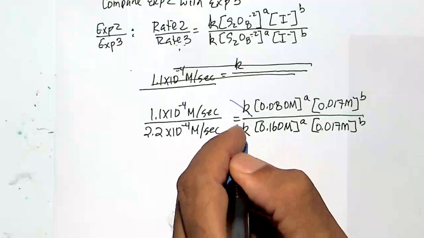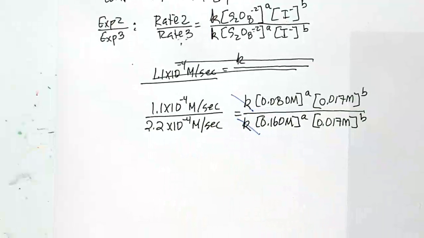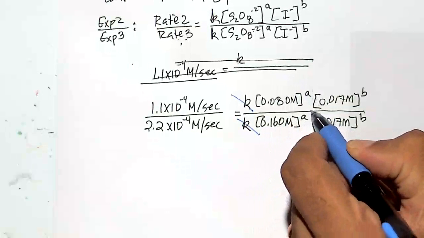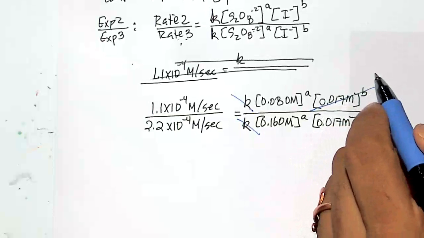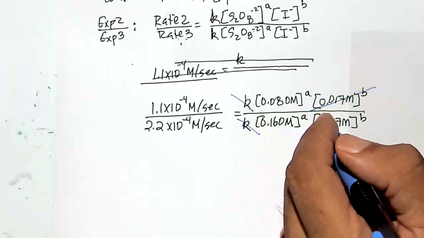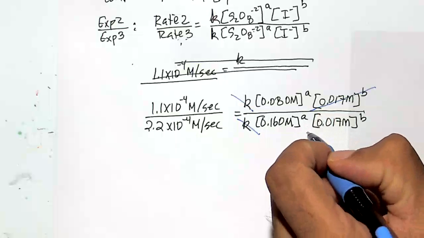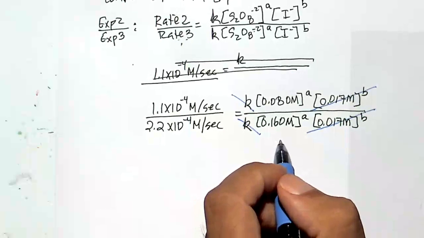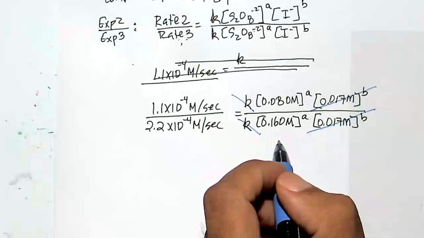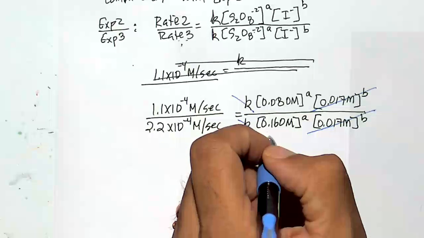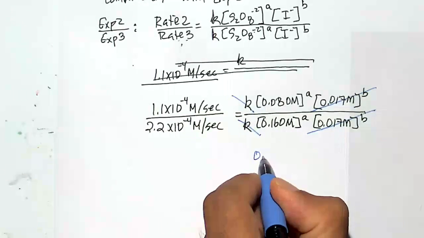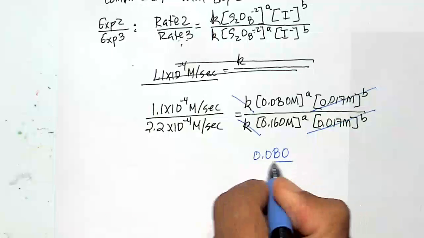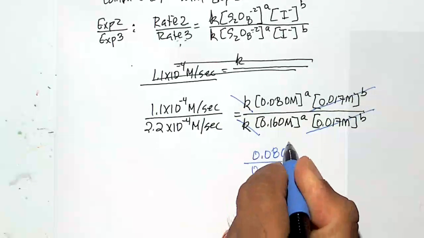All right, what can we cancel? We'll find the rate constant k's later. 0.017 M to the power of b in the numerator cancels out 0.017 M to the power of b in the denominator. And then what's 0.08 divided by 0.160?